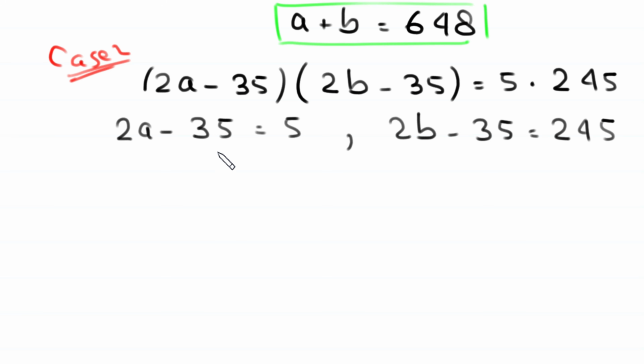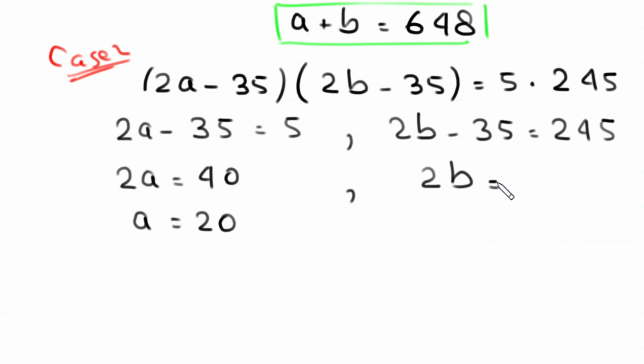Add 35 to both sides. This will become 2a equal to 40, and if we divide both sides by 2, a is equal to 20. From this equation, add 35 to both sides. This will become 2b equal to 280. If we divide both sides by 2, b is equal to 140.